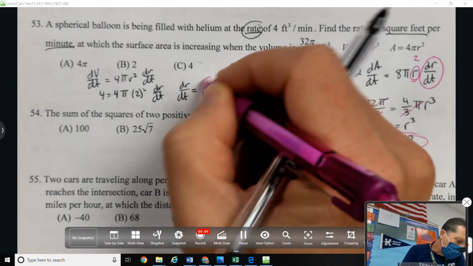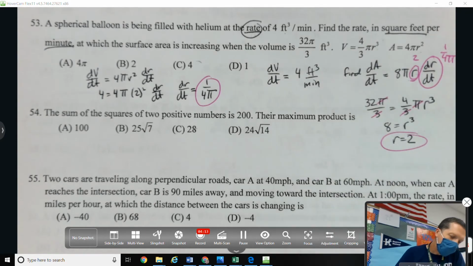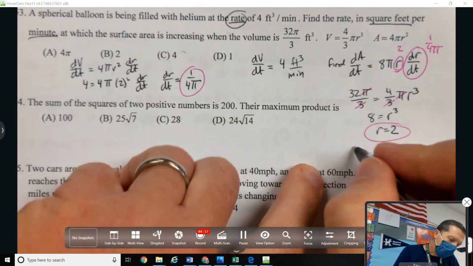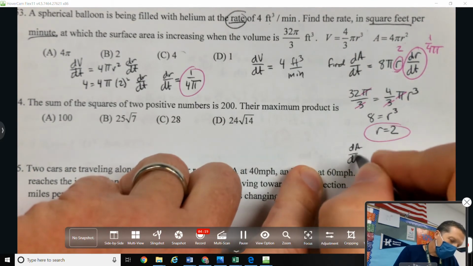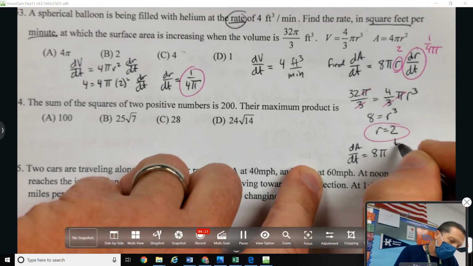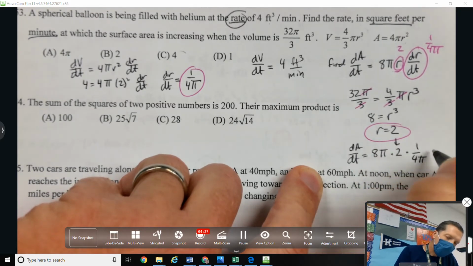All right, so dr/dt we know is 1 over 4 pi. So back to this, dA/dt is 8 pi times 2 times 1 over 4 pi.